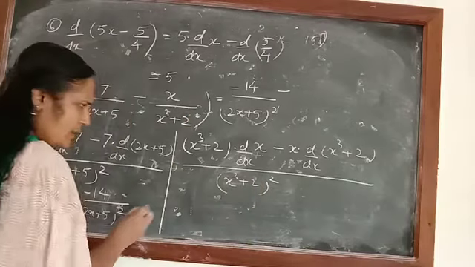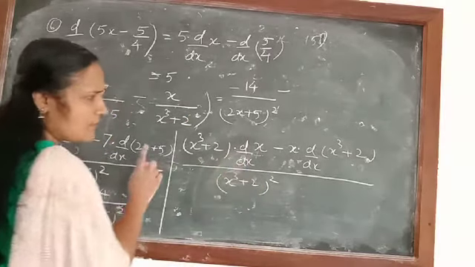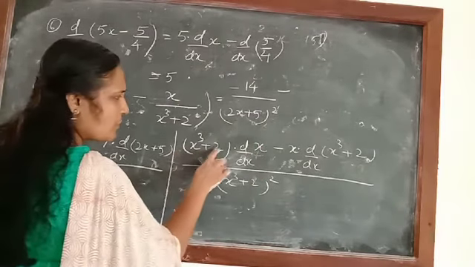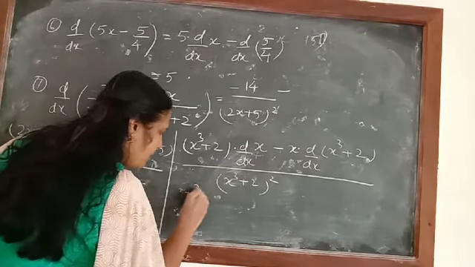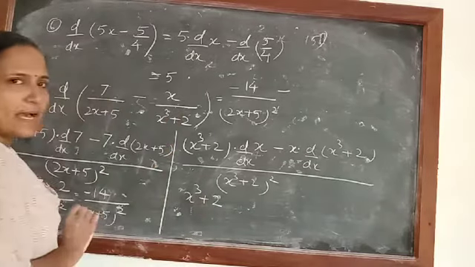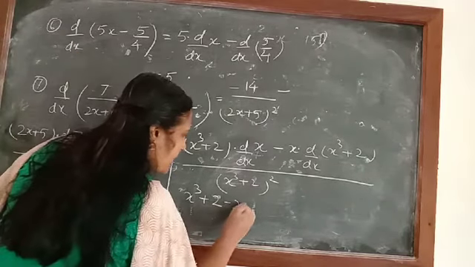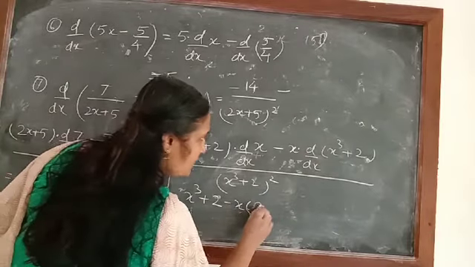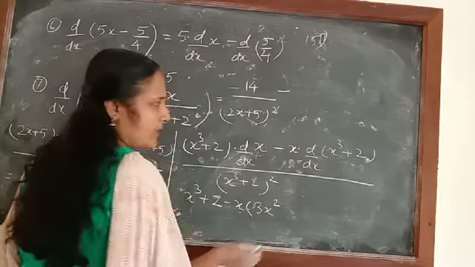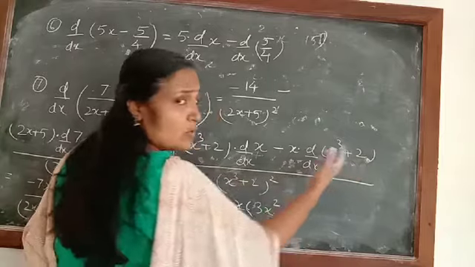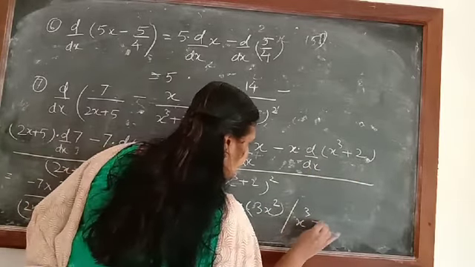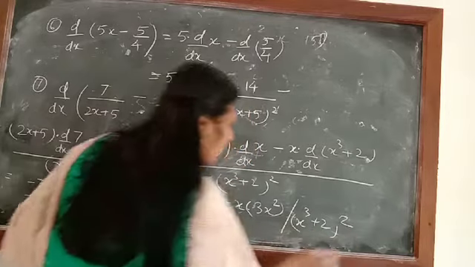Okay. Now just check what will be d by dx of x. d by dx of x is 1. So x cube plus 2 multiplied by 1 will give you x cube plus 2, minus x into d by dx of x cube will be, yes, 3x square. d by dx of 2 is 0, because that is a constant, by x cube plus 2 the whole square.